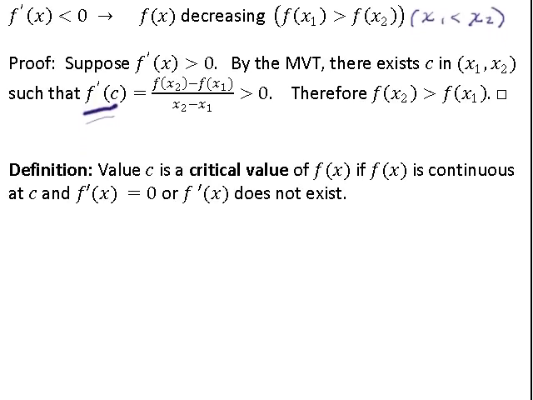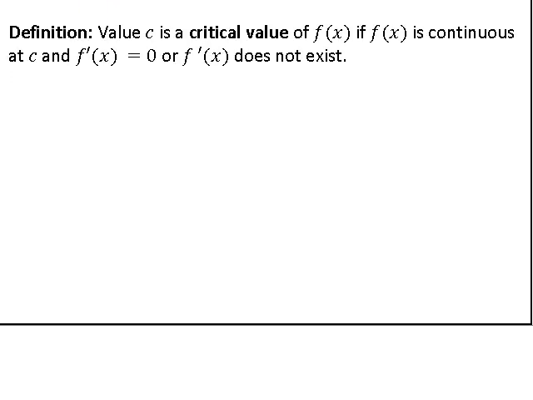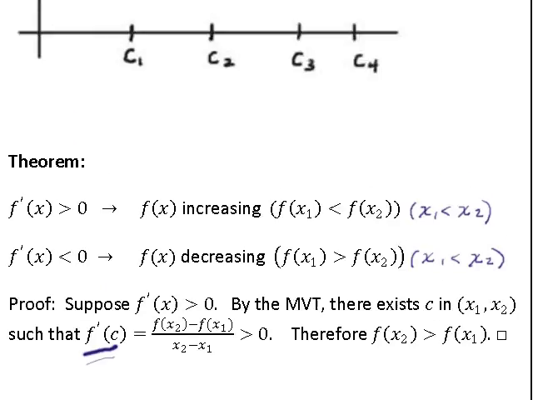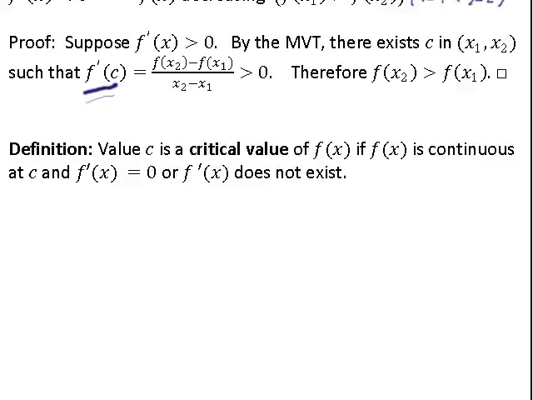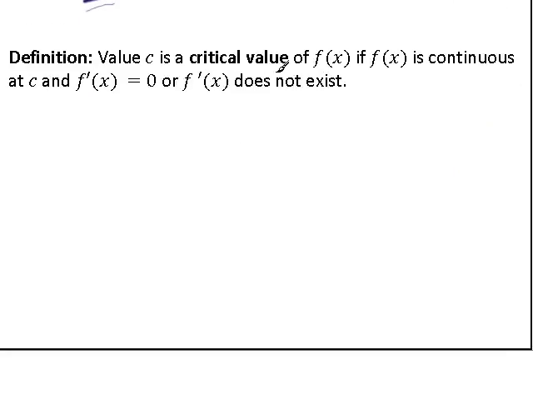All right. Now, these c values that we pictured here, all these c's, are basically called critical values. c is a critical value of f of x if f of x is continuous at c and f prime of x is 0 or f prime does not exist.